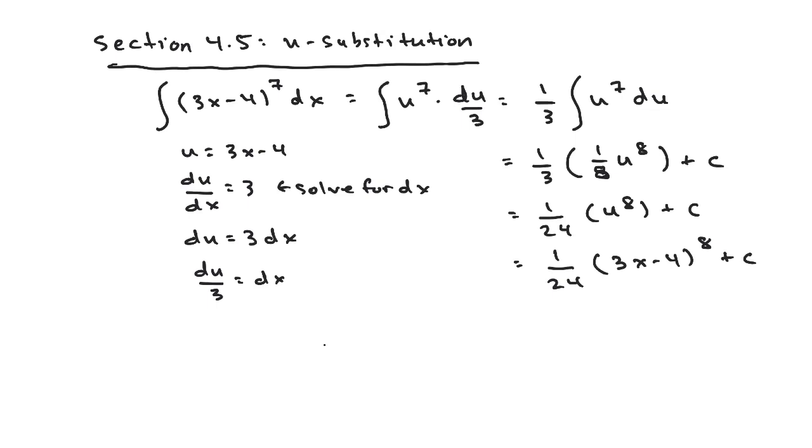plus c. All right? And so here the idea is, again, we have a function of a function, and so we're going to substitute u in for the inner function. And we're going to see if we can find either the derivative of u with respect to x on the main line of the integral, or a constant multiple of that. So in the examples from the last video, we would always see that the actual du dx would appear.